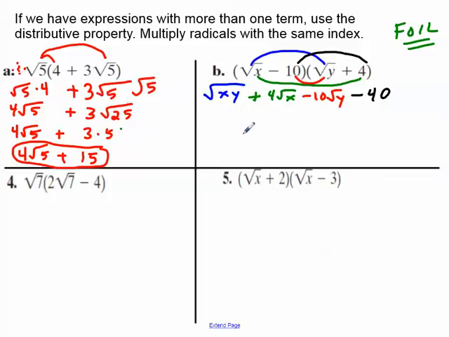None of these are like radicals because they're all square roots, but this is a square root of xy. This is only a square root of x, not a like radical. Square root of y and square root of xy, not like radicals. These are not like radicals in the green and the red. So we're all done. There's our answer. FOILed.